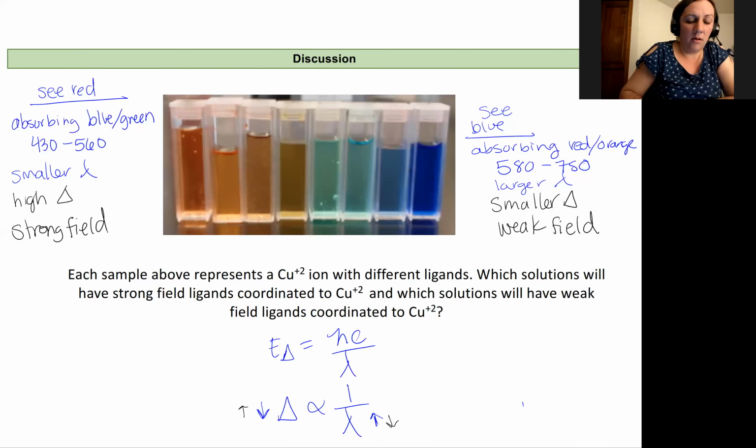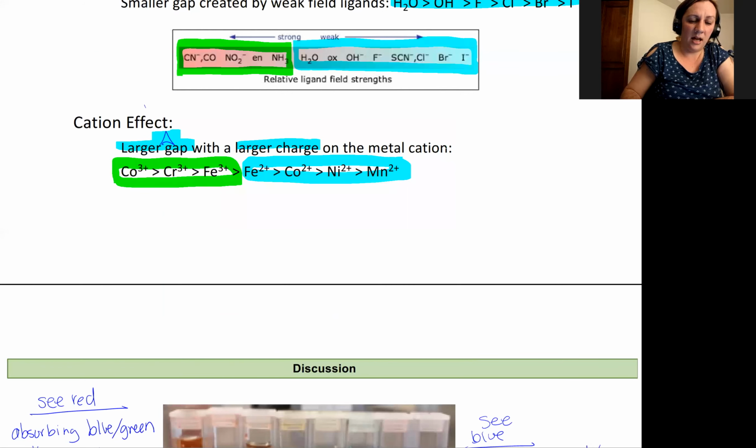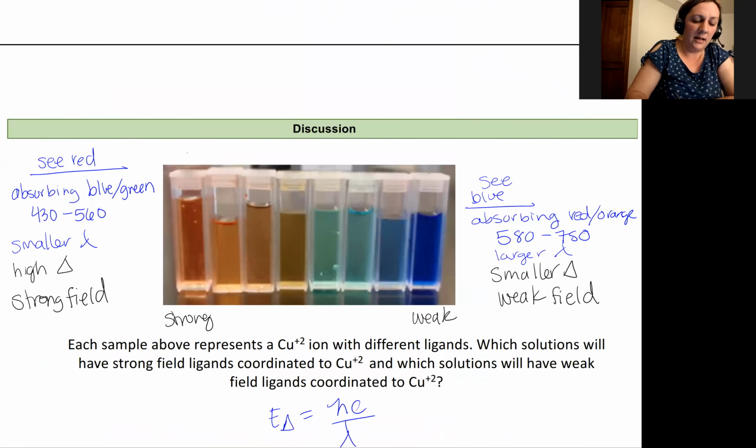So my spectrum of different ligands, strong versus weak, is going to have my weak ones down here by blue and my strong ones by red. If I was going to go out on a limb, I would say that we might have something like cyanide ions here and iodide ions in my blue.